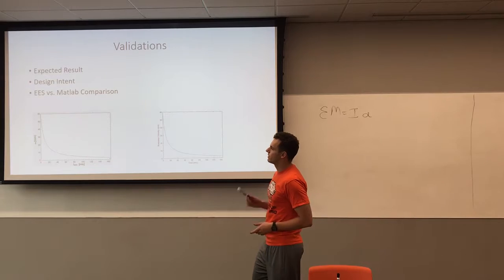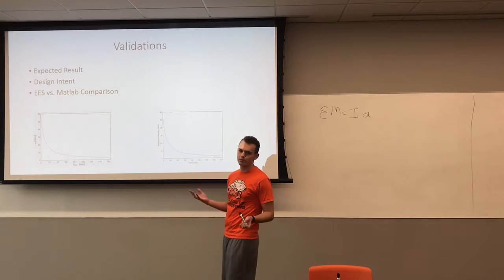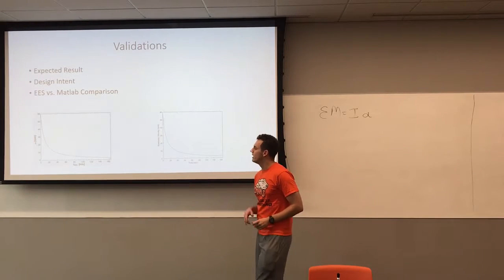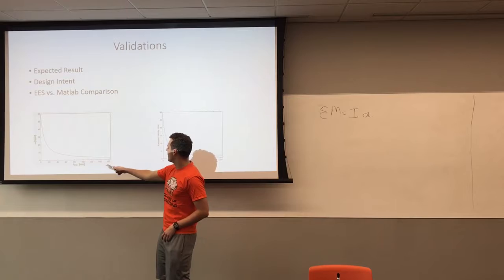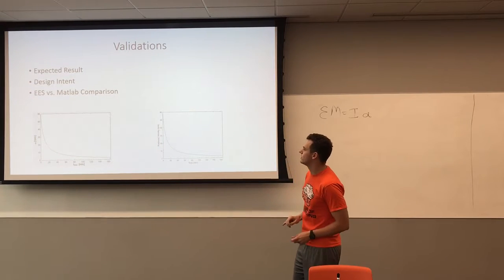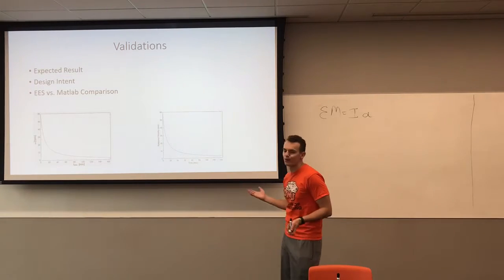Now, the third validation method that I used: I plugged the same equations into Excel that I did in MATLAB, and I found the same graph over the same amount of time, and as you can see, the graphs are very similar. Therefore, we can assume that it was plotted correctly.